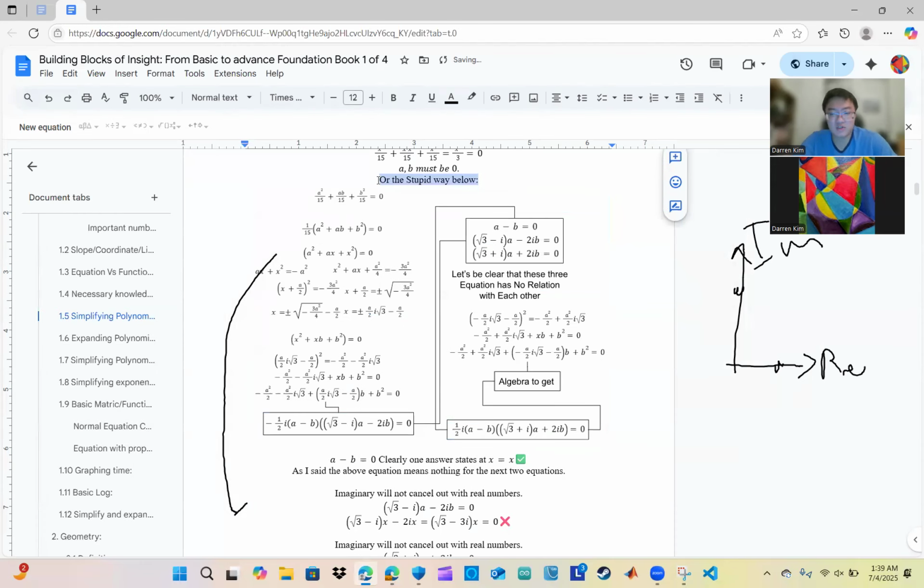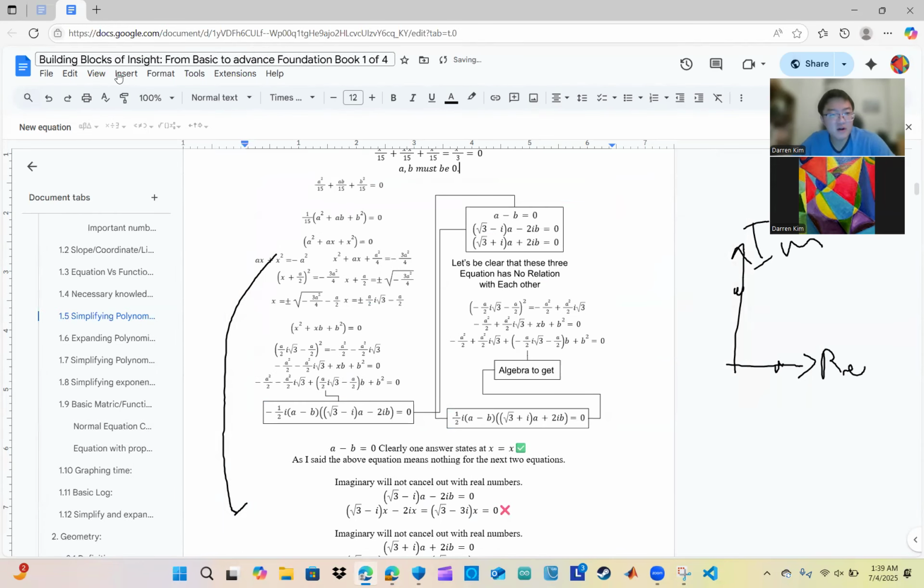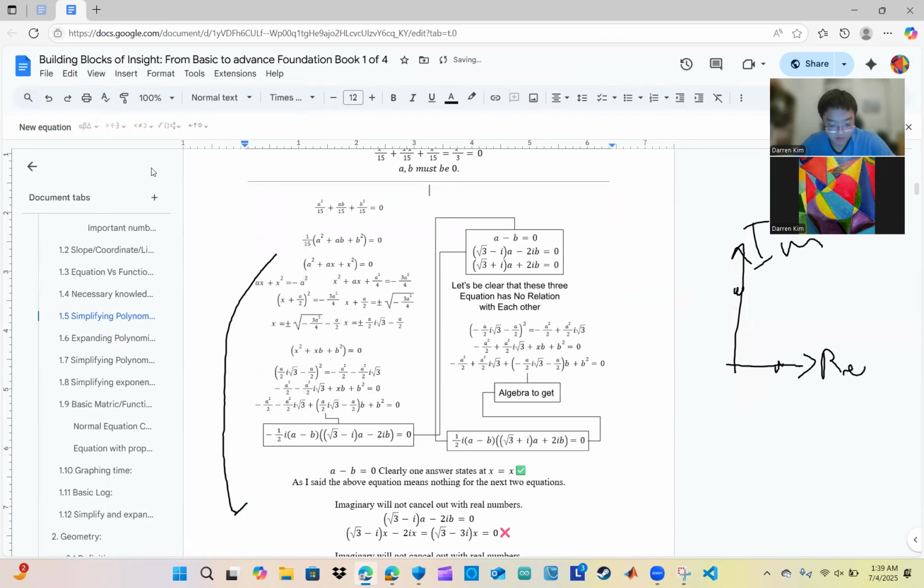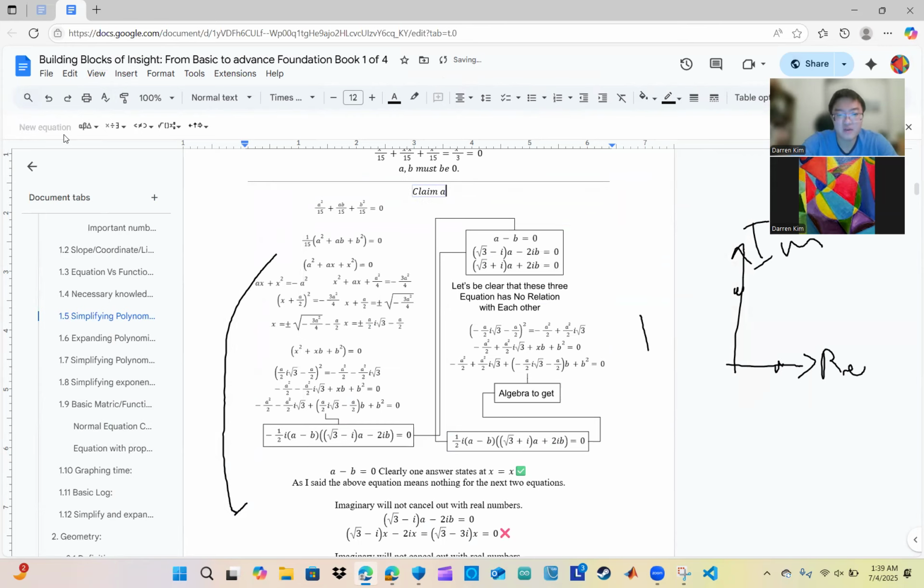There's a way to make this question actually palatable. I didn't think of this before, but it's actually palatable if I say something like this: claim a equals a and b equals x. And then solve it. Yeah, yeah.